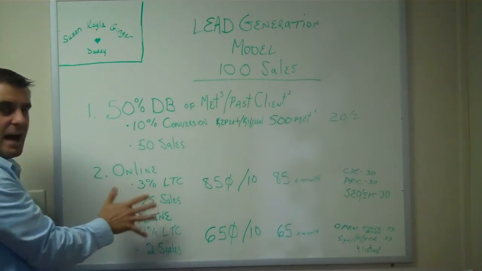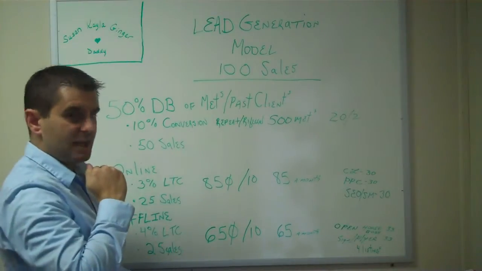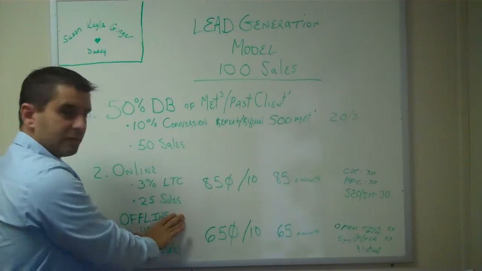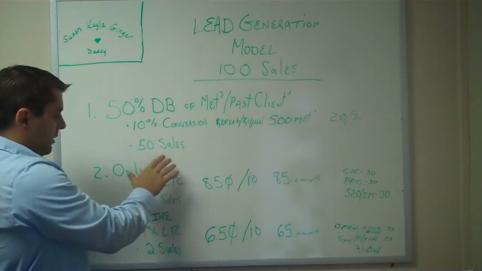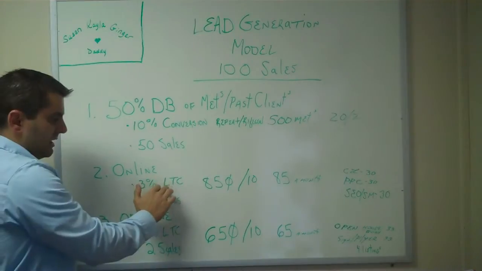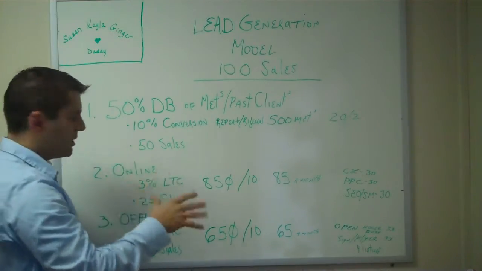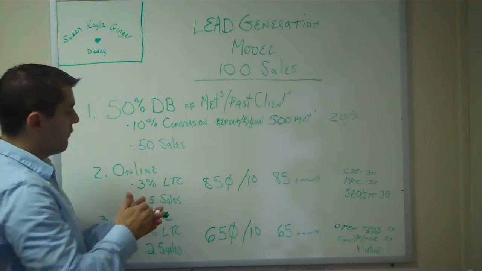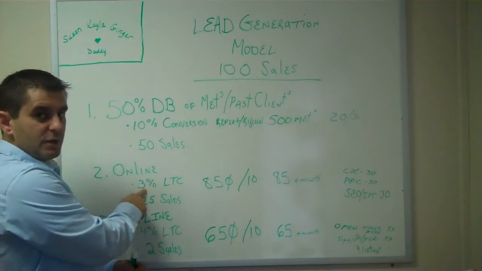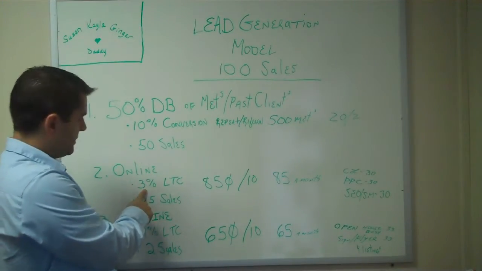2 and 3 are not METs, and we're going to divide not METs into online lead generation and offline lead generation. Online lead generation, we are assuming a 3% leads to closing. So out of every 100 leads over the course of a year, you should be able to convert 3 of those leads into closings.